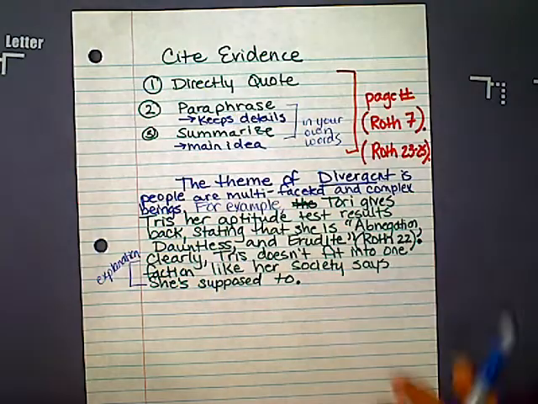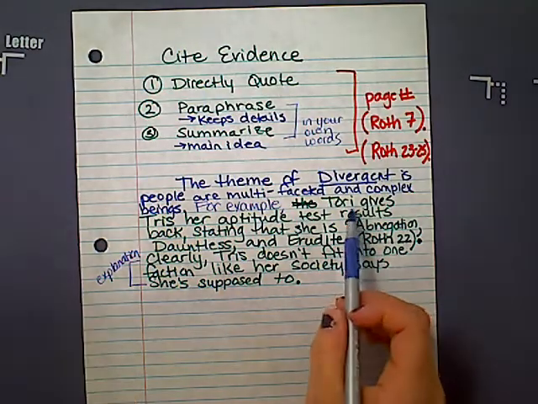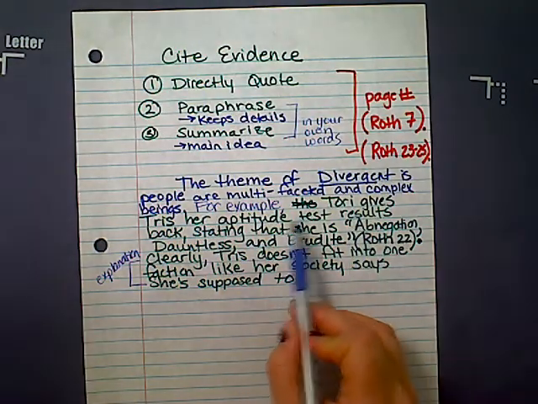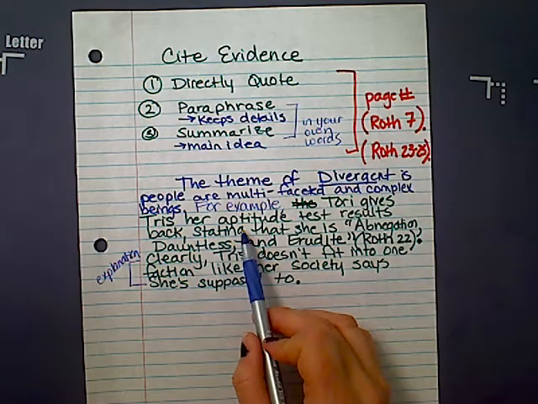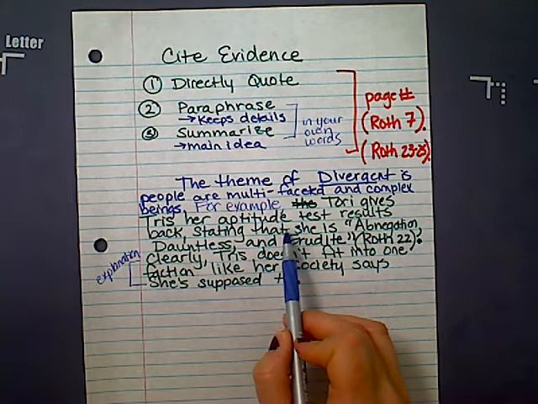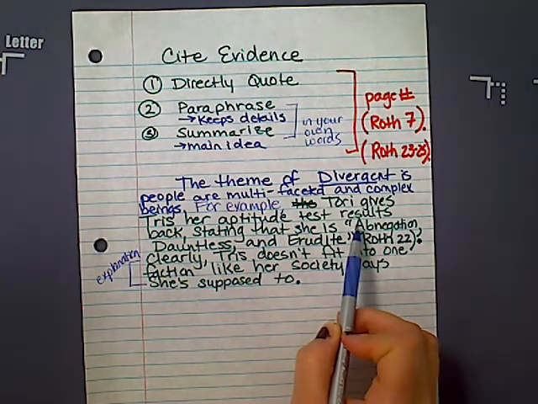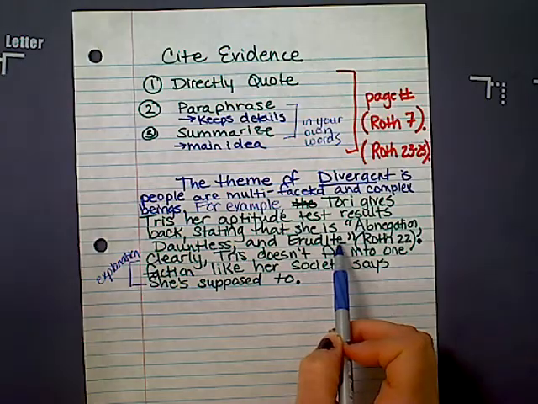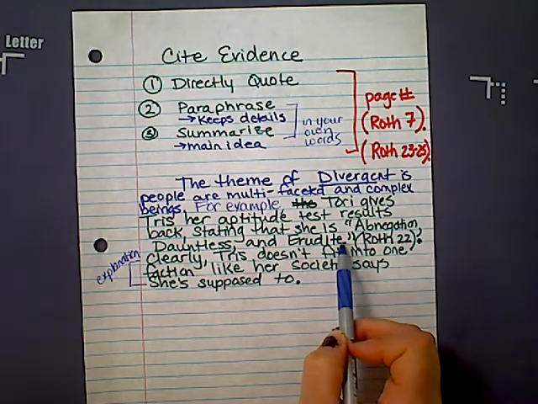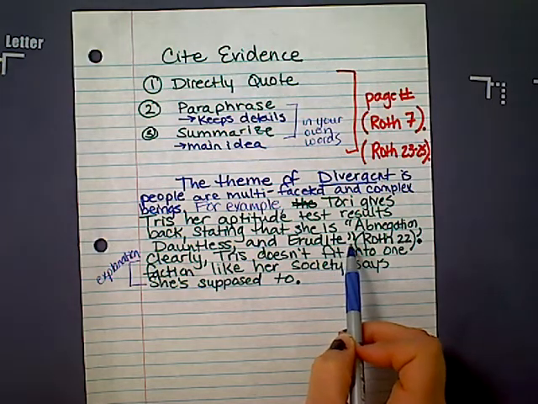Now let's say I wanted to paraphrase this. I could say, Tori gives Tris her aptitude test results back, telling her that she fits into all 3 categories of society, or 3 out of the 5 categories of society, being erudite, dauntless, and abnegation, period.